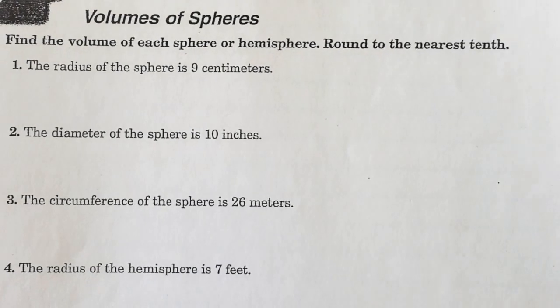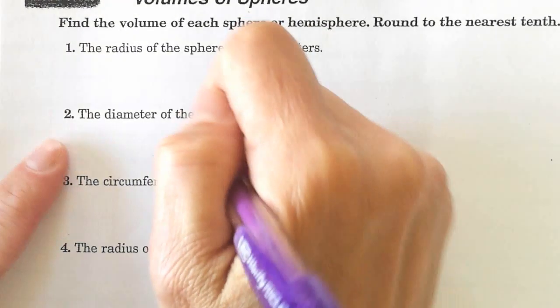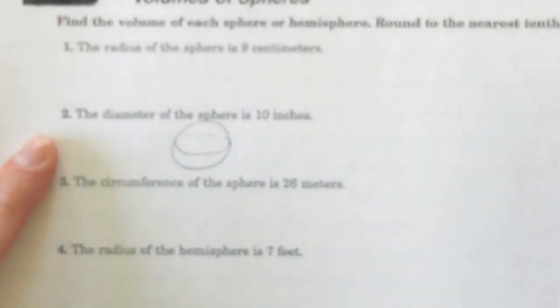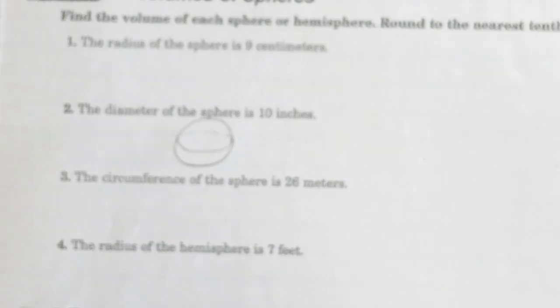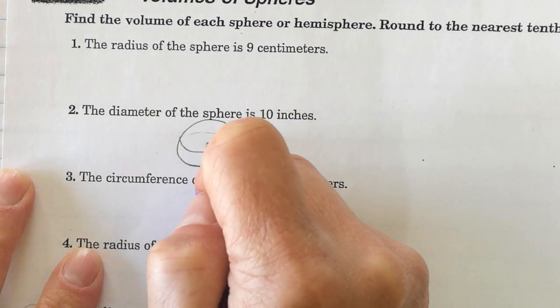All right, let's back it up. Let's take a look at 2, 4, and 6. So number 2, we have a sphere. The diameter is 10, which means that the radius is 5.